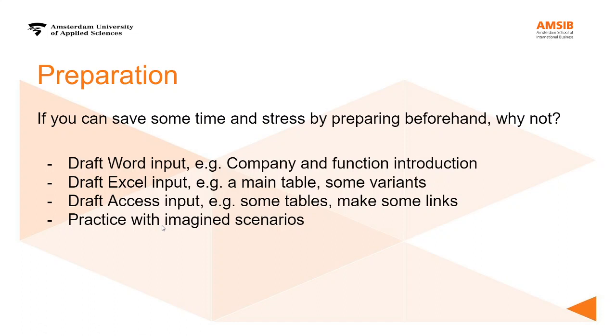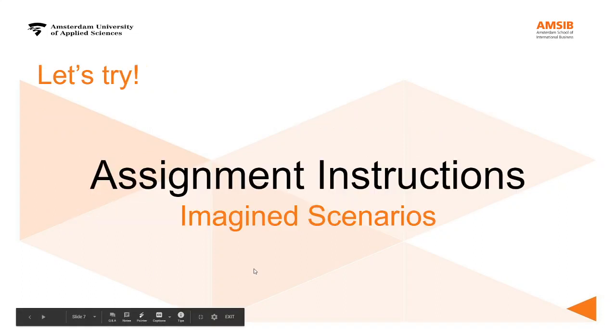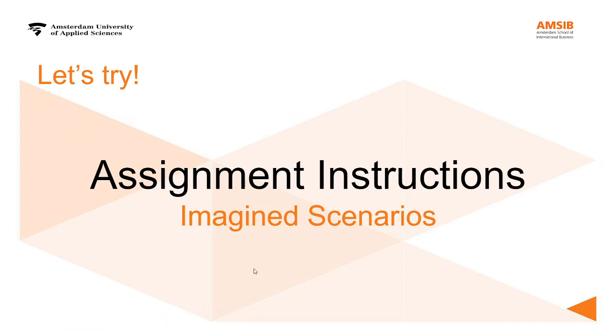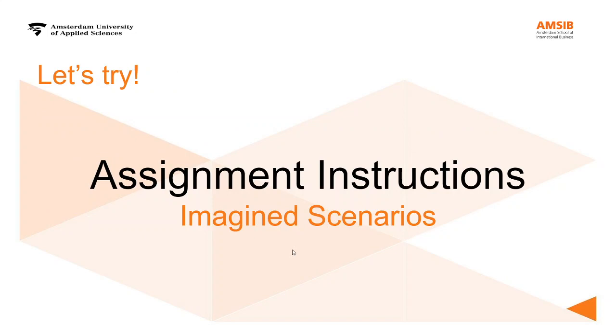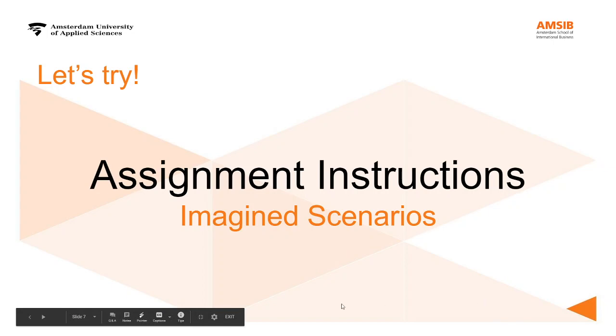Let's just go right into practice, shall we? So we will try with our imagined scenarios. Of course, we don't know what the instructions could be, but we can start with preparing the Word, Excel, and Access, and then we build up bit by bit from there. So first of all, let's open up an empty Excel sheet.